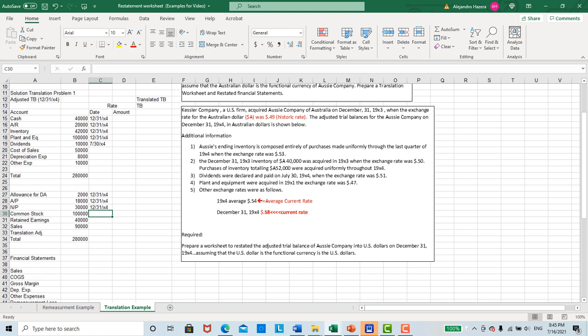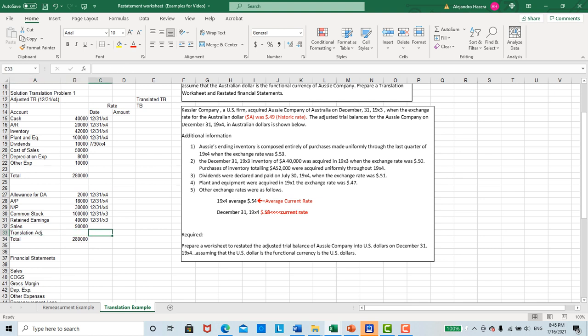So we're going to use the rate at 12/31/X3, and we'll also use that same rate here, 12/31/X3. Then we have our translation adjustment, which, by the way, is going to be the plug number here.